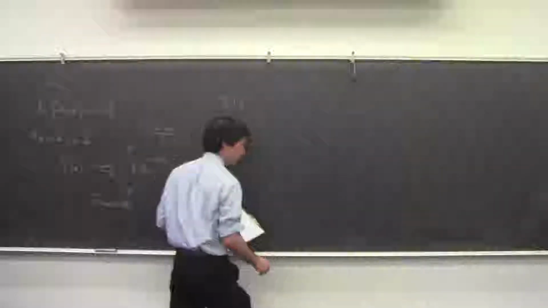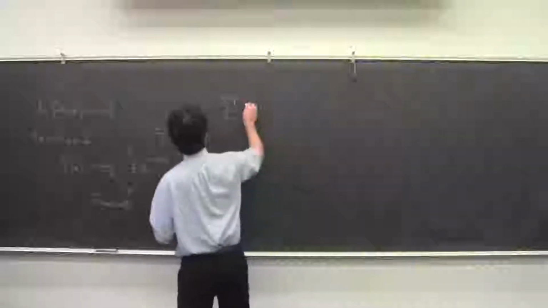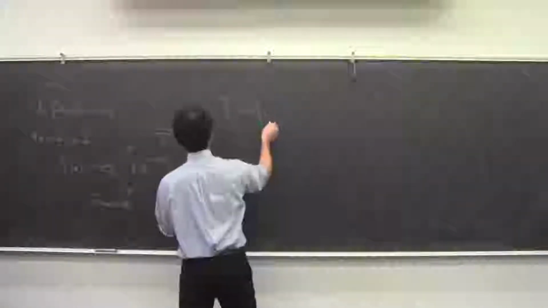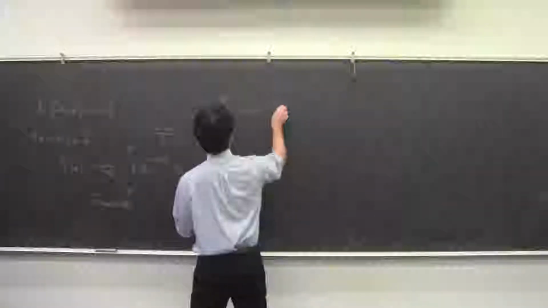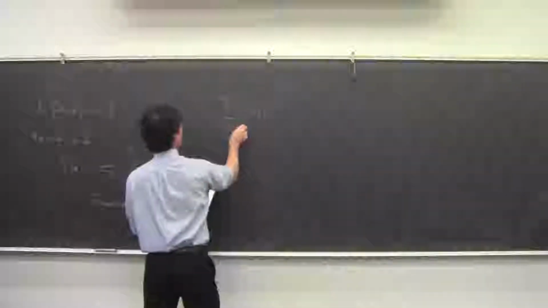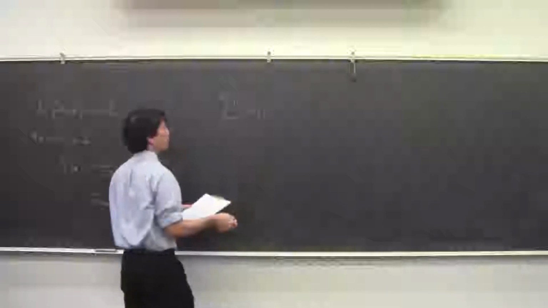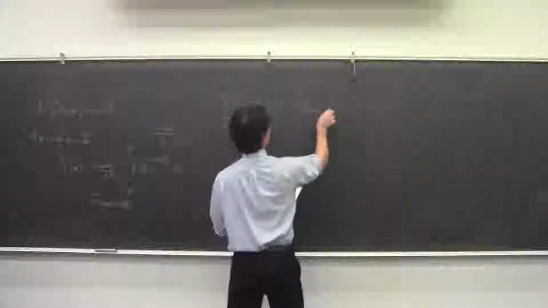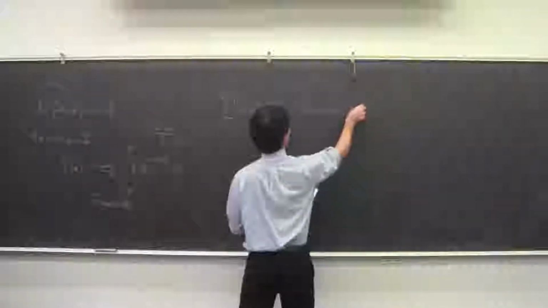These are the Fourier coefficients of your function. Then we take those Fourier coefficients and multiply them by e to the i n x, and take the sum from negative infinity to positive infinity of these, and this is called the Fourier series of f.